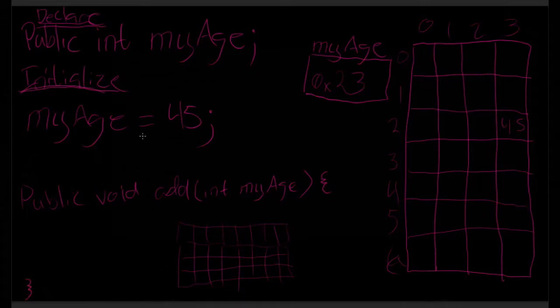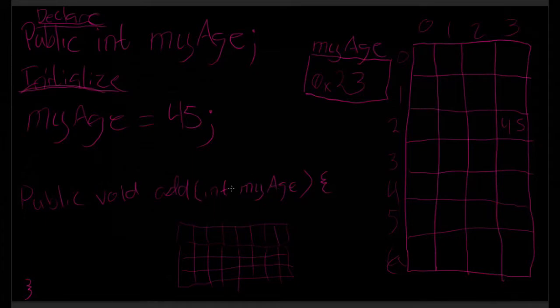So an important thing to understand is this my age and this my age are not the same thing. One way you can tell is that here we're declaring a variable, and here we're also declaring a variable.